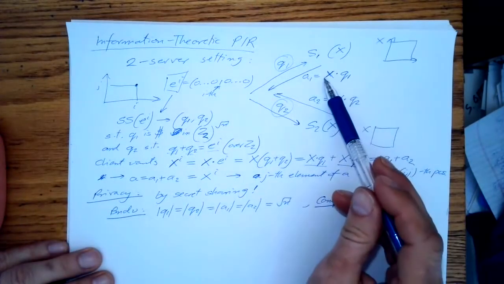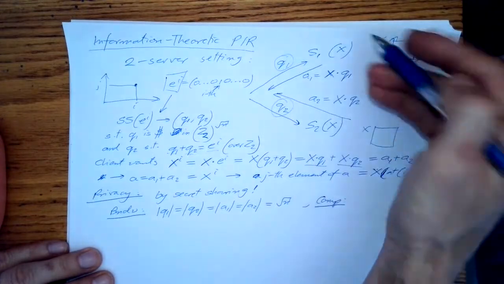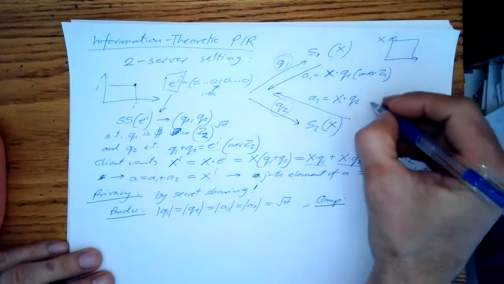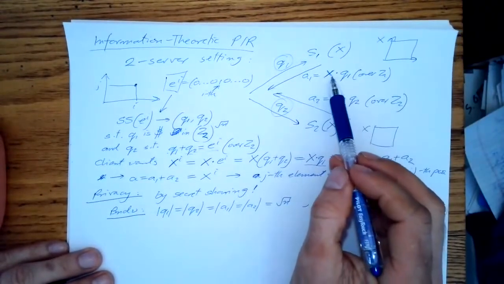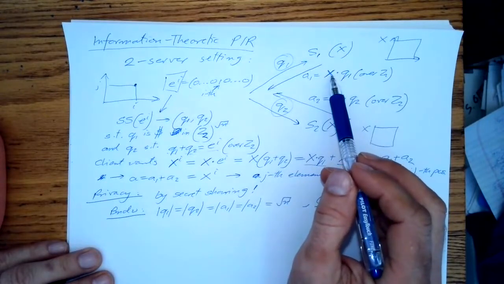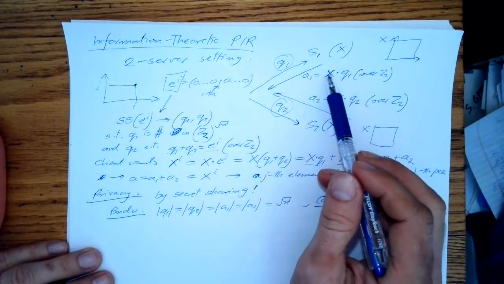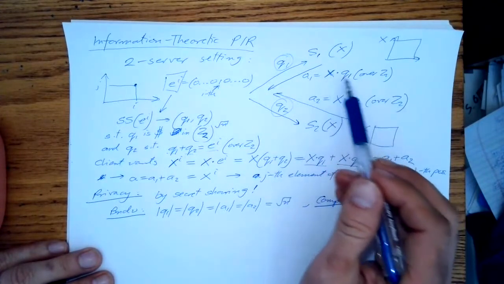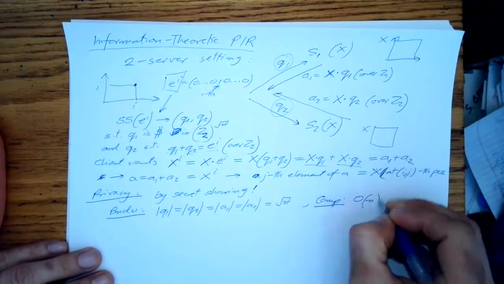What the servers do is a matrix multiplication, but it's a matrix multiplication over Z2, so these are bits. The product is just a bunch of XORs. The product is using these bits to select these and then XOR the ones that are selected. So it's order of n XORs.